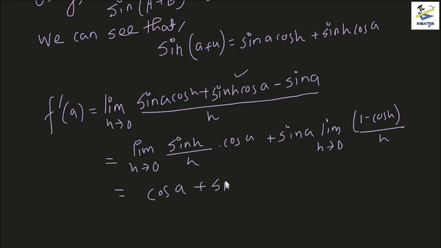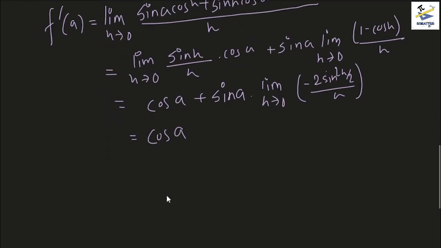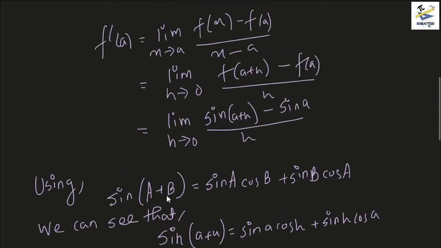And the next one, sin a into, now we first use the formula for 1 minus cos theta is equals to 2 sine square theta by 2. So using that formula, it becomes minus 2 sine square h by 2 by h, and this limit goes to 0, because if it was sine h by 2, we could have found the answer, but since it is sine square h by 2, it goes to 0. So the answer is cos of a. So the derivative of sine of x at the point a is cos of a, right?